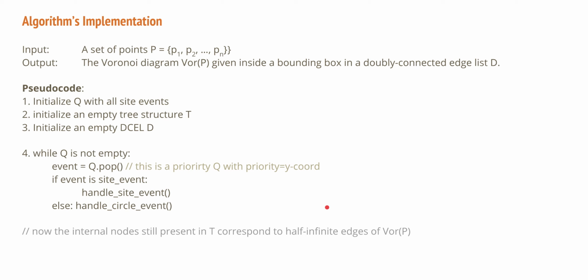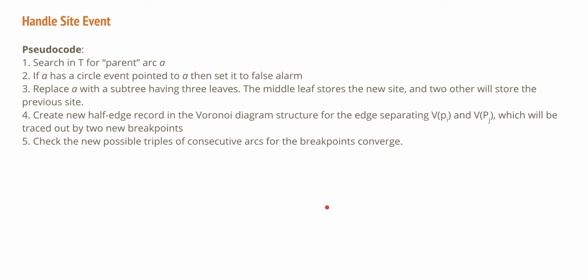So this is the algorithm's implementation. We first have to initialize our queue, our DCEL, and of course our tree structure that will hold the beach line. And while the queue is not empty, we pop the events. If the event is a side event, then we handle the side event. Else we handle the circle event. At both handlings, we have to maintain both the tree structure and the events queue.